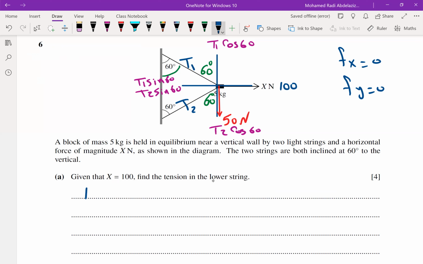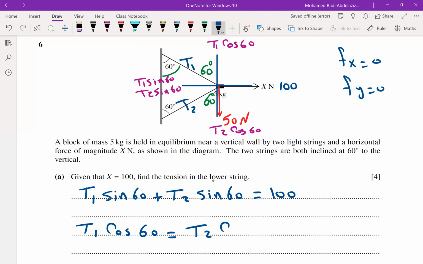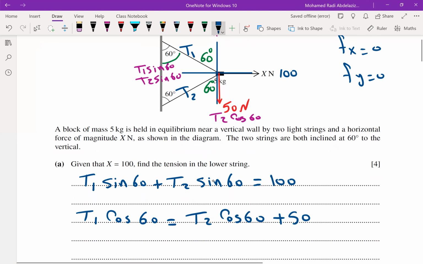The first equation: T1 sine 60 plus T2 sine 60 is equal to 100. Second equation, all the forces acting up: T1 cosine 60 is equal to T2 cosine 60 plus 50.